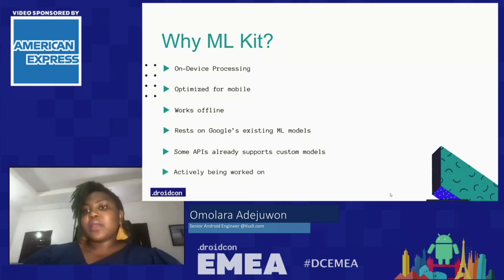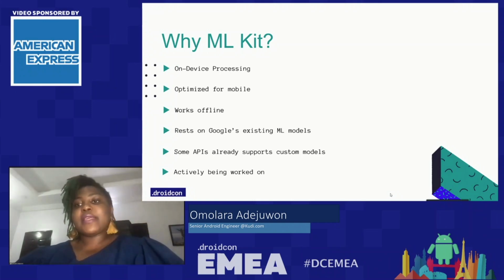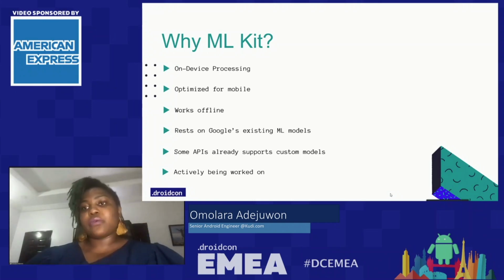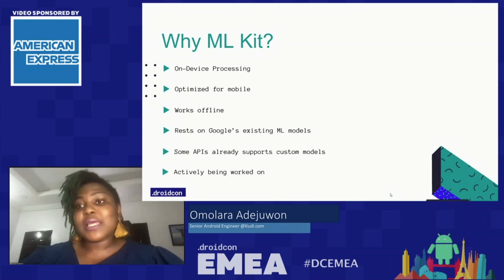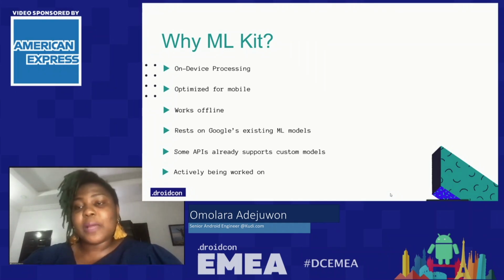It's also actively being worked on. For ML Kit, there's an early access program where you can sign up for new features and new releases even before they go out to alpha. It's not an abandoned project. Because of these points, it's very easy to use: just add dependencies to your application, and you are good to go.